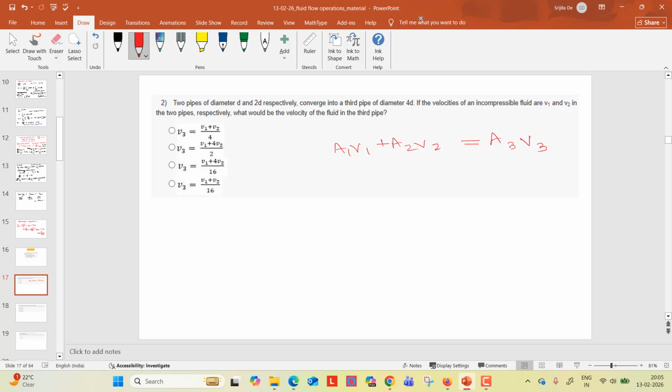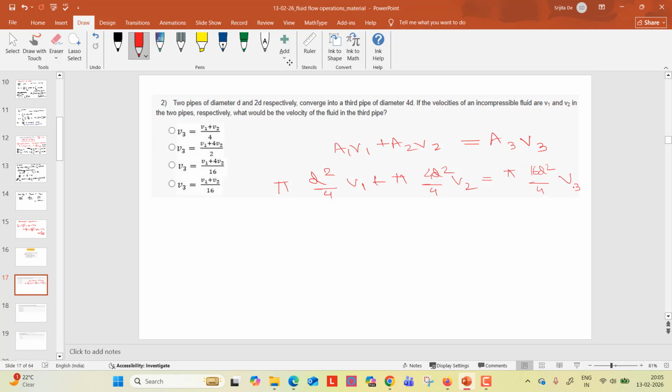are converging into a third pipe of 4D, right? So A1 is pi D square by 4 into V1 plus pi (2D) square by 4, that means 4D square by 4, into V2 equals pi (4D) square, that means 16D square by 4, into V3.